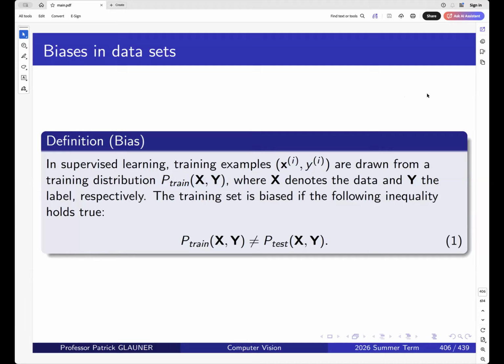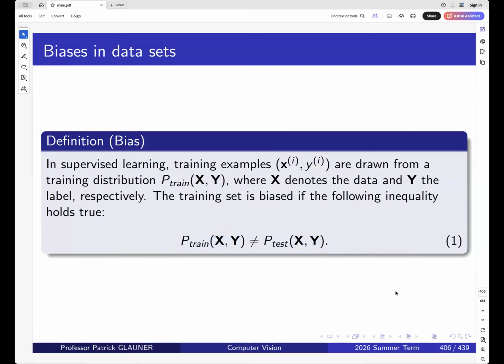This training data comes from a training distribution. And later we will have test data that comes from some test distribution. If these two distributions, the training distribution and the test distribution, are different, then we have a bias.